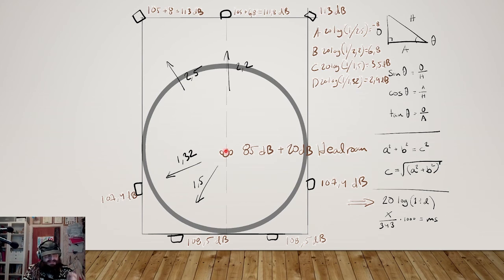Now we talked about dB loss. We will also need to talk about time difference, because when sound leaves the monitors at the same time, we see that those closest will reach our ear sooner than those most distant to us, because sound travels at a constant rate, and these are closer, so they will hit our ear before.